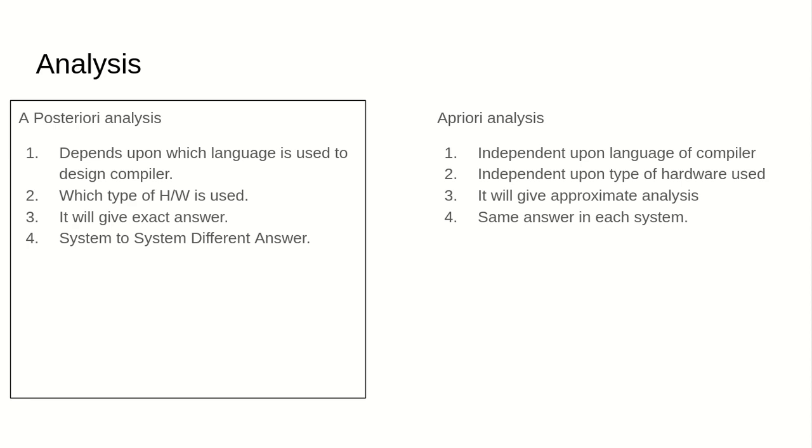According to post-priori analysis, if the algorithm takes less time, the credit goes to the CPU plus the compiler language. But according to a priori analysis, if the algorithm takes less time, the credit goes to the programmer, who used a good or maybe the best logic to develop that algorithm.